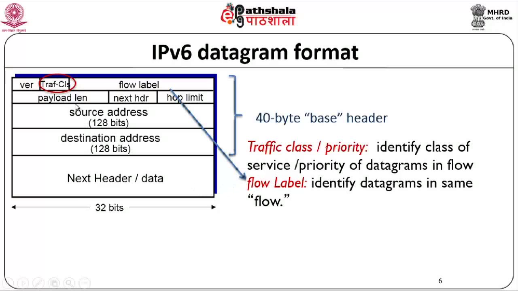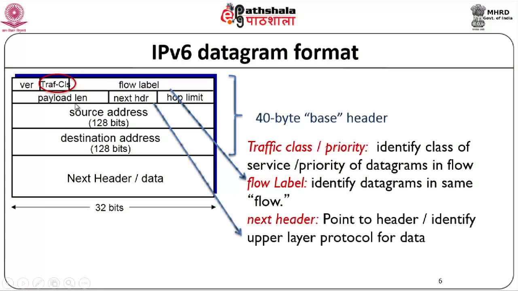Payload length is easy to understand, it just gives you the length of the payload including the other next headers, and then you have a next header field. This next header is the one which will point to the next header if it is available, and if there is no other header, it identifies the upper layer protocol for the data, that is whether it is a TCP packet or a UDP packet that is being carried in this IPv6 format.